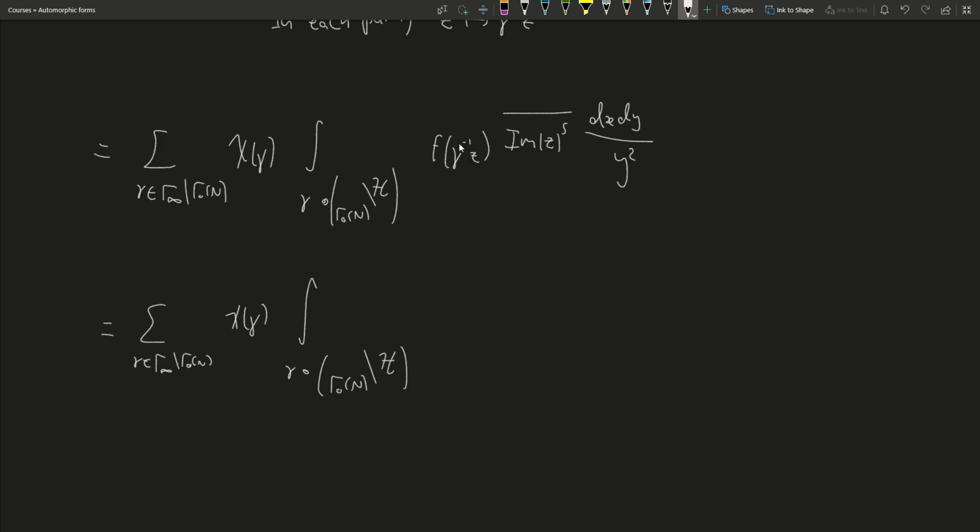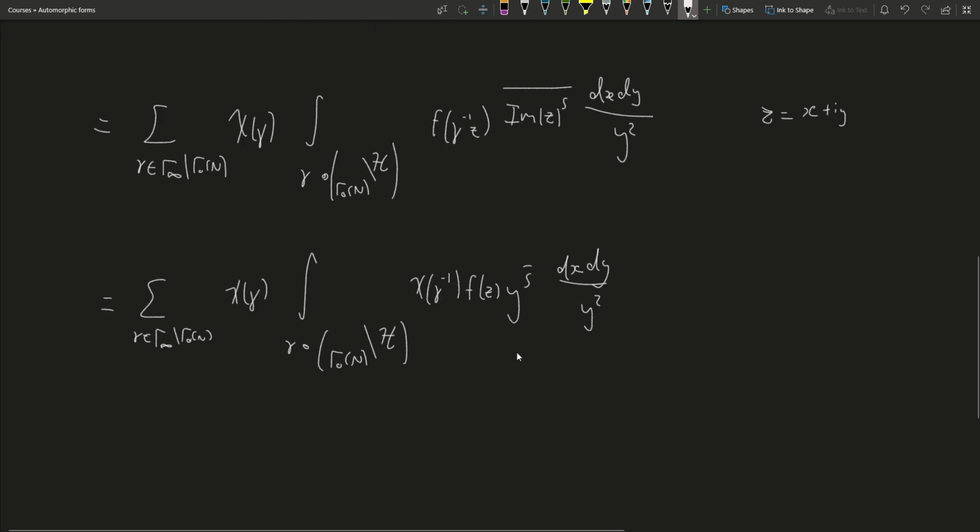And then we're just going to use the automorphy here to write this as χ of γ inverse times f(z). And then here I'm just going to write y to the s bar. So y is the imaginary part of z. And still the same measure. And then you see that this χ(γ) and this χ(γ) inverse cancel each other out.